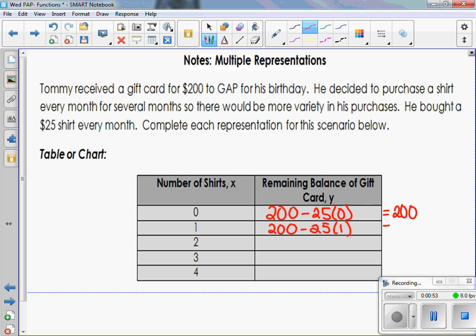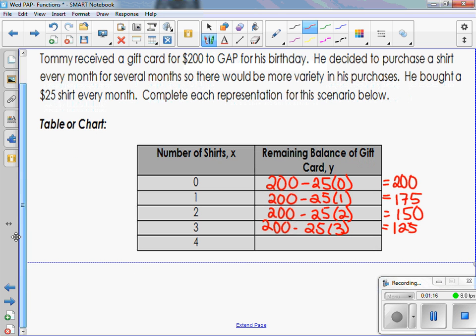So that's going to put us at $175. And after two shirts, we're subtracting $50, because 25 times 2 is 50. So we should be at $150. And then $200 minus 25 times 3 should put us at $125, and so on.